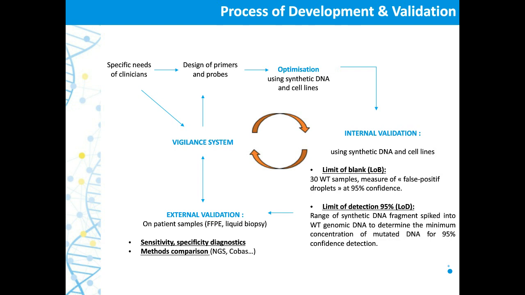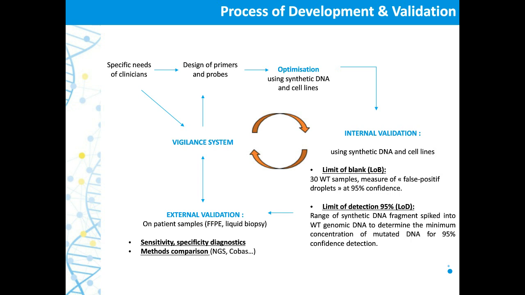After this internal validation, we send the assay to the clinician who asked for the solution, and he will perform external validations on patient samples, either FFPE or liquid biopsy. We look at sensitivity and specificity and compare to the method used in the lab, so NGS, COBAS, RNA-seq, or other assays.